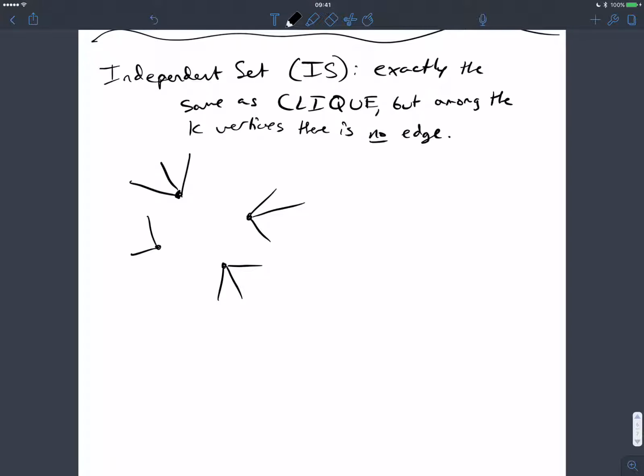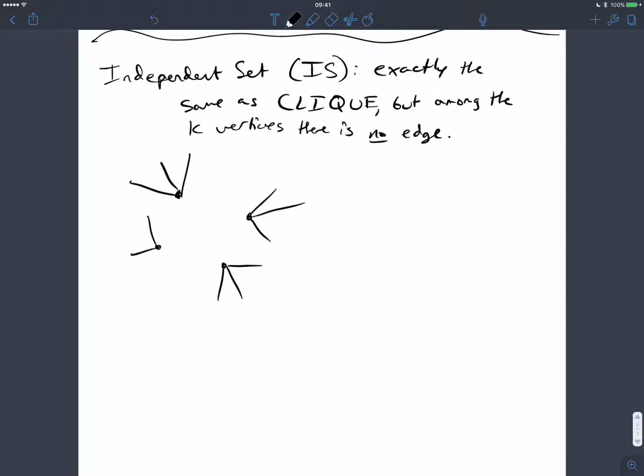Would there be an independent set for one vertex? It has technically no edges, so there's always an independent set of size 1. An independent set of size 2 is just any two vertices that have no edge. For 3 vertices, there's no triangle, and for 4, there's no complete subgraph on 4 vertices.